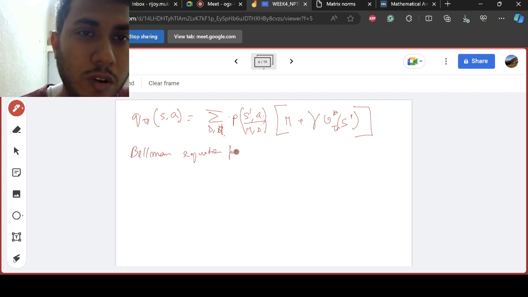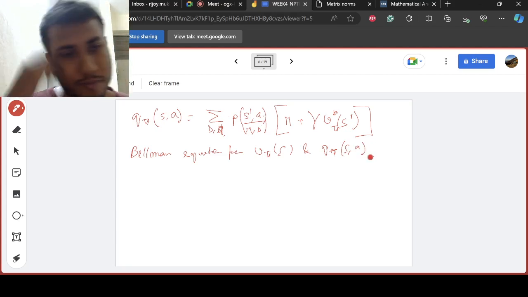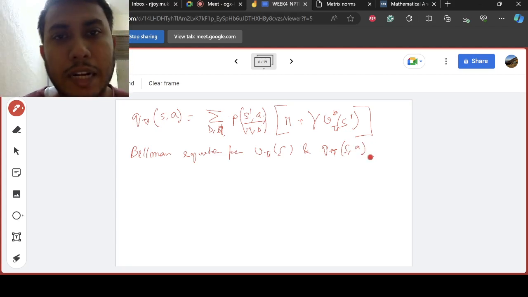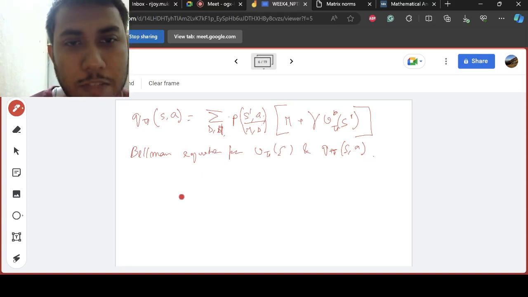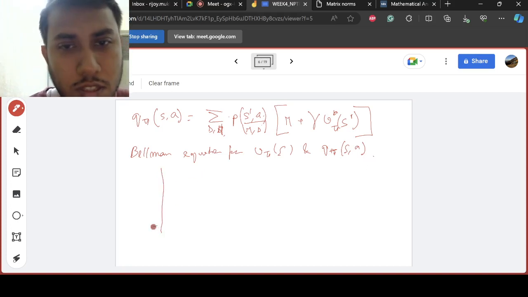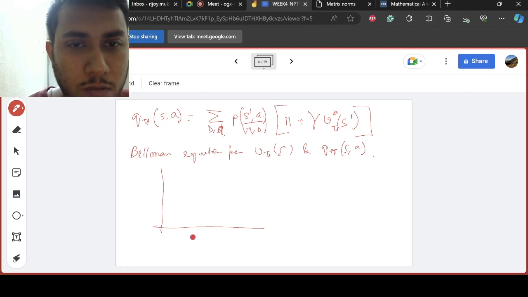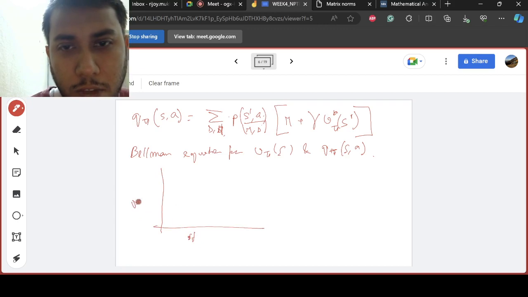These are your Bellman equations for V pi and Q pi of A. Now, what is specifically a policy? Let's say this is your value and this is your states.